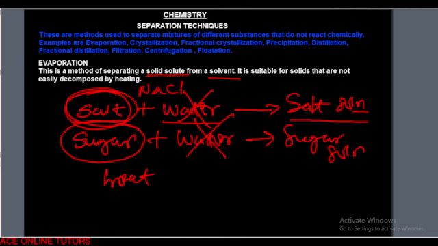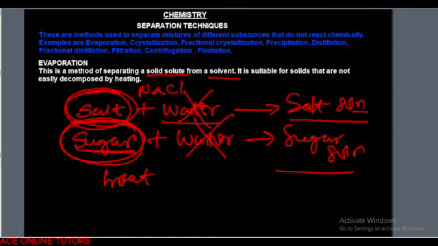But in the case of sugar solution, you cannot use evaporation to separate. Why? Because you know that evaporation is concerned about the solute, and in this case sugar is the solute. It's not a solid that is stable to heat. That means that when you heat sugar, something is going to happen to it. You can try this at home, and I think I've tried it before.